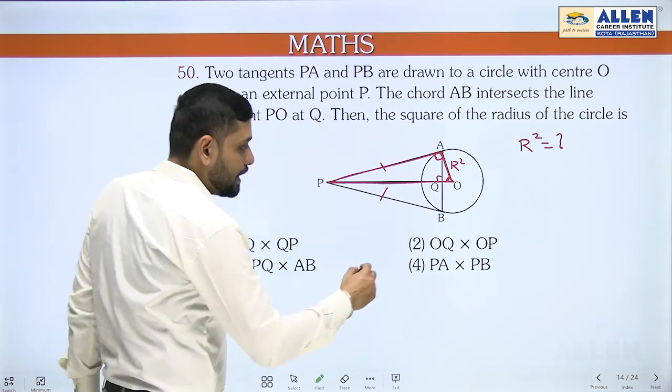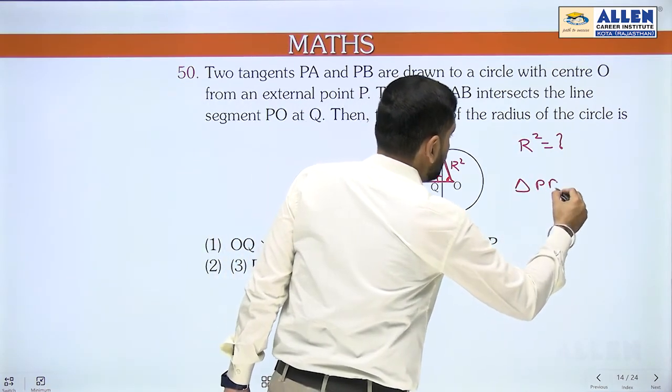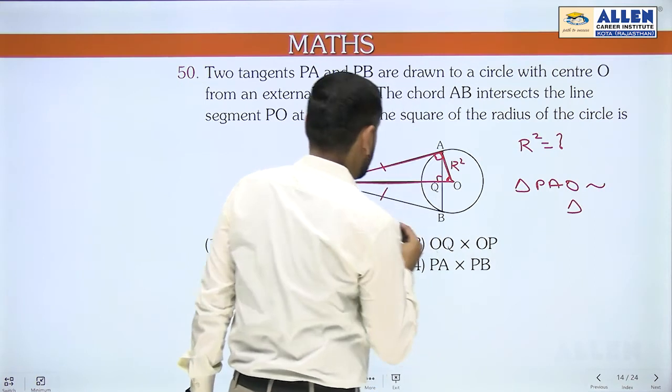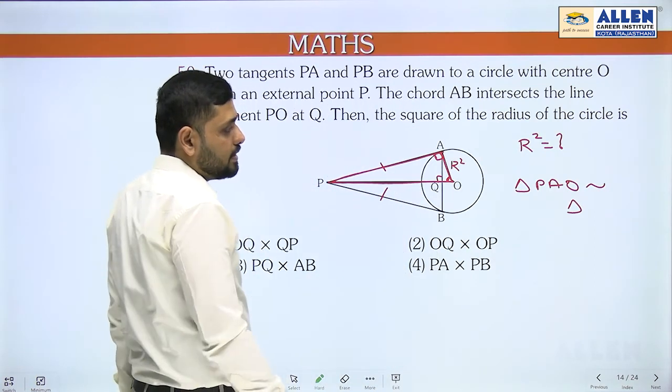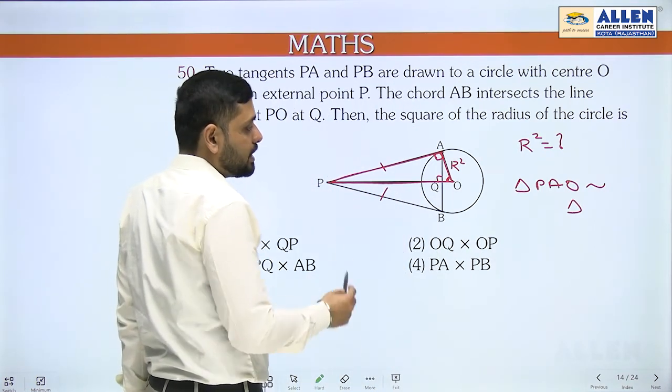So it means triangle PAO is similar to triangle AOQ. Which triangle do we need to take?